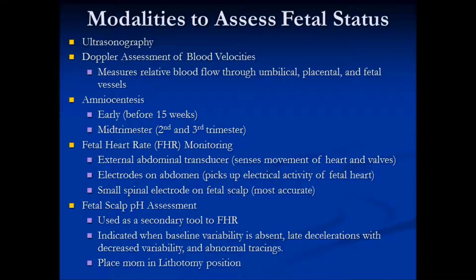Bilirubin level is another test that can be performed off of the amniotic fluid that is obtained. And the level of bilirubin in the amniotic fluid is an aid in detecting hemolytic diseases, such as RH incompatibility.